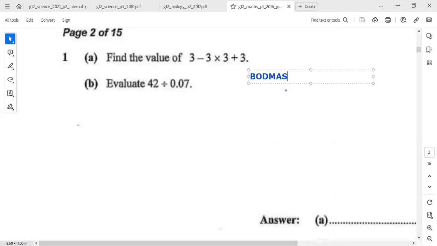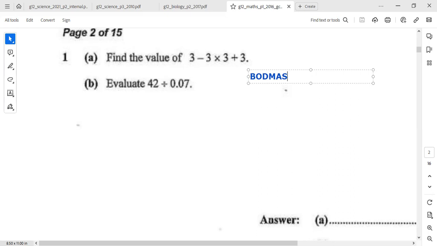Then of division, multiplication, and addition. And of course, the last one should always be subtraction. That's what we have on this guy.